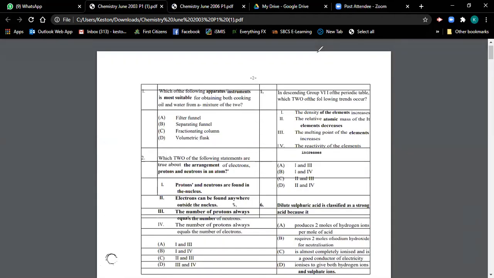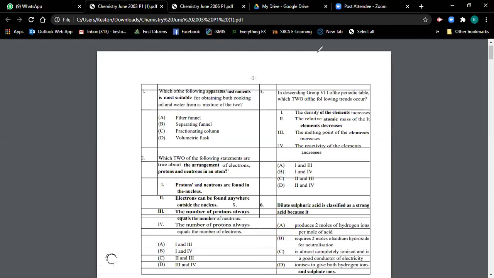5. In descending group 7 of the periodic table, which two of the following trends occur? We're going down group 7, so we're talking about the halogens. Density of the elements increases.